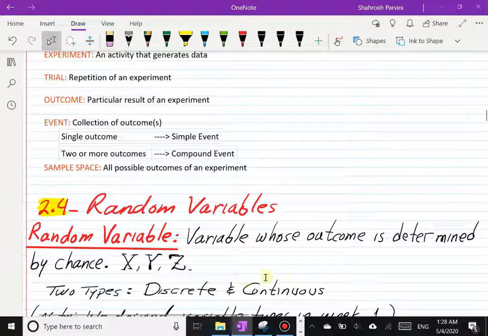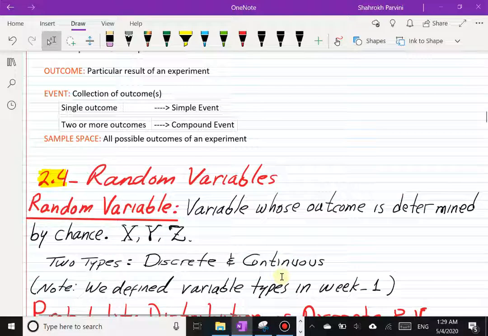With continuous, usually the values are measured, like a person's height, weight, distance you travel, things like that. Note that we defined these in week 1, so if you want to review, you're welcome to look at the week 1 lecture.